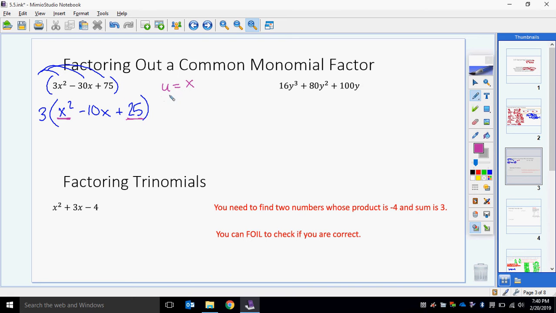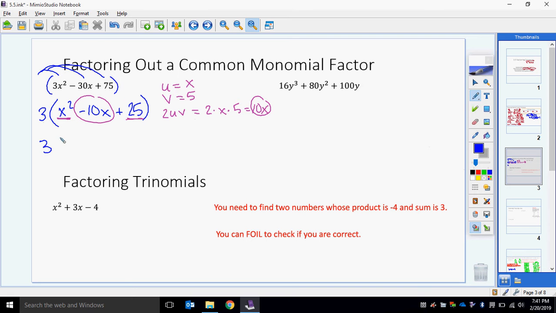My first thing being squared is x, my back thing being squared is a 5. So I want to check to see if the middle term does make this a perfect square trinomial. So the 2u times v would be 2 times x times 5, which is 10x, and they do match. So I know it's a perfect square trinomial.